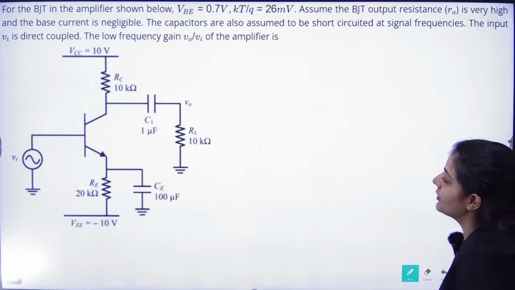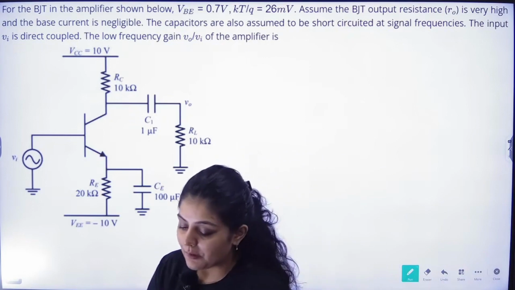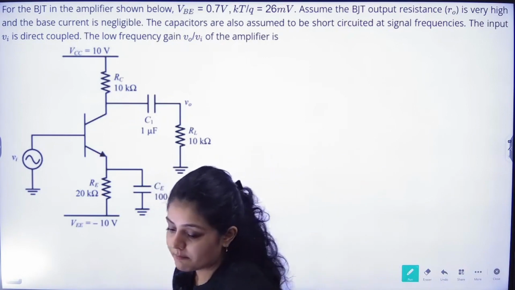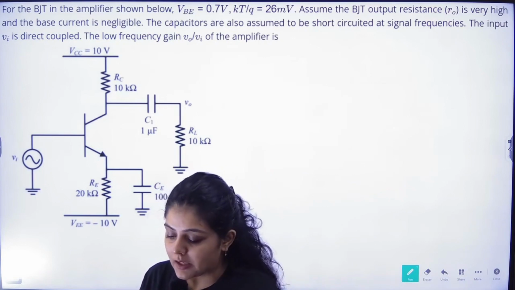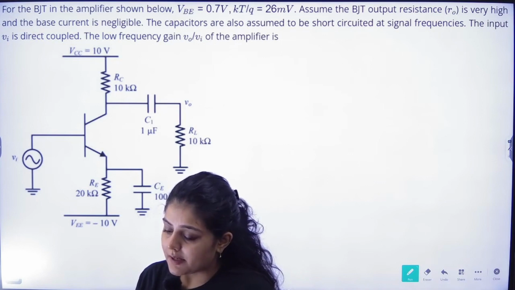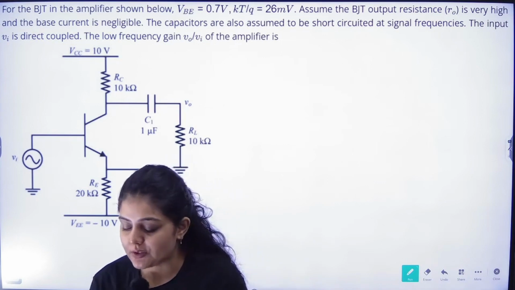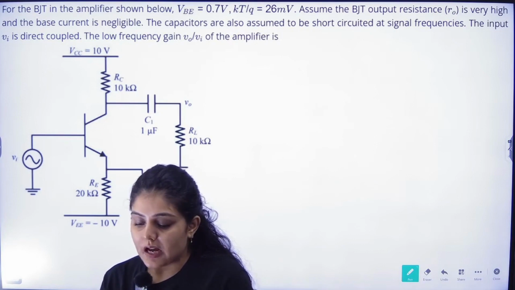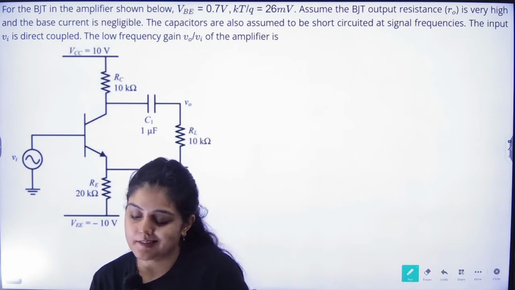Okay, the next question says that for the BJT in the amplifier shown below, this is a coupled amplifier given to us. VBE is 0.7, and kT by q, the thermal voltage, is given as 26 millivolts. Assume that the BJT output resistance R0 is very high, and the base current is negligible.